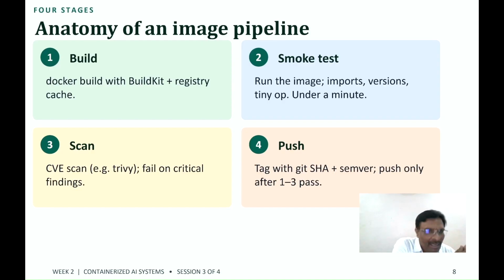This means we need to build very fast. The registry cache needs to be understood, and it needs to have very valid information. Then we do a very fast smoke test, check the scan with boundary conditions, and so on, and then try to push.